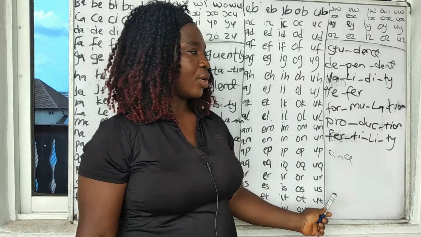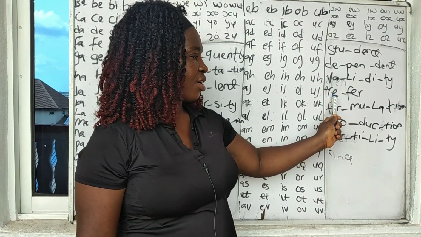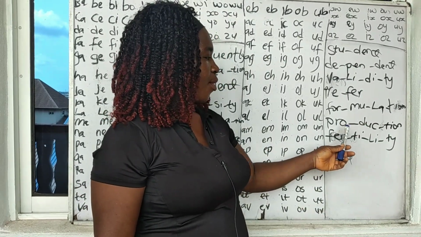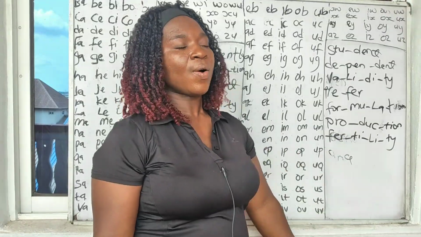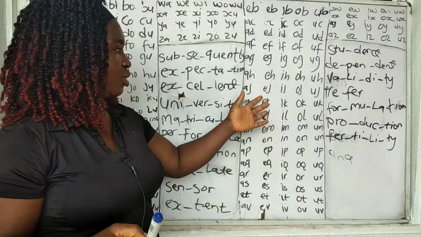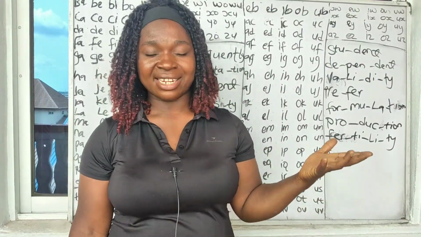Now the addition, we have prefer. Without P, it is refer. Formulation, production, fertility. Okay, so you can actually try out your own words using these sounds just the way I am doing here. Try 10-20 words. I want to see you do that in the comment section.